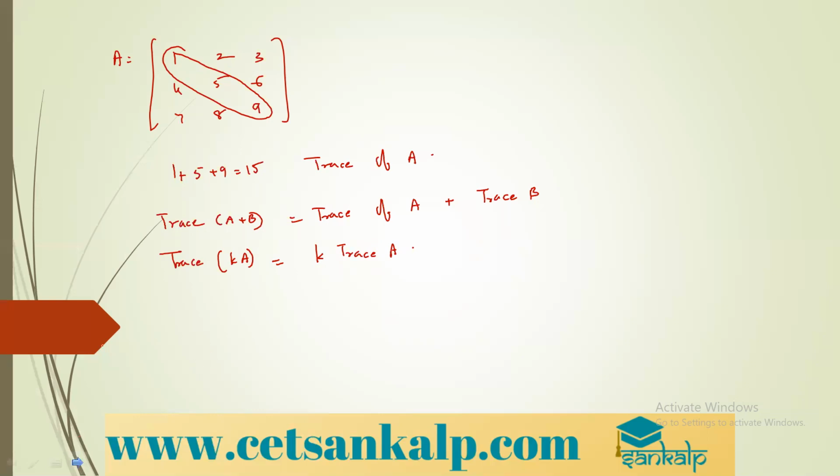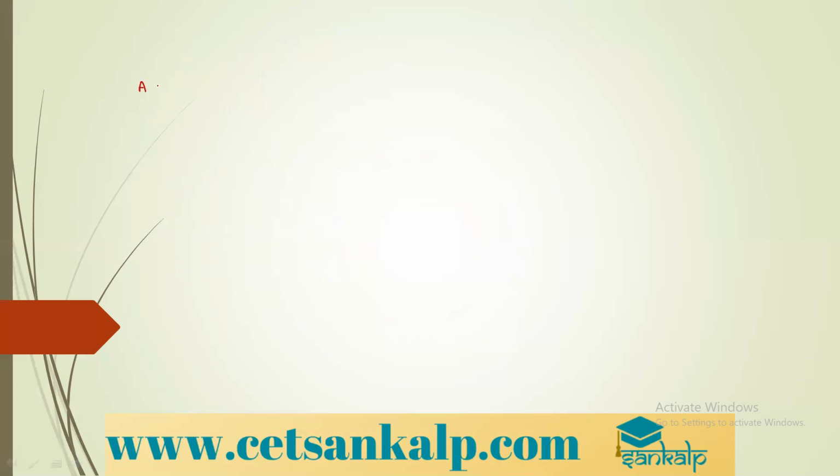Now, in a matrix A, if the elements Aij are equal to 0 for i greater than j. I greater than j means, suppose this is A11, A12, A13, A21, A22, A23, third row, first column, third row, second column, third row, third column.